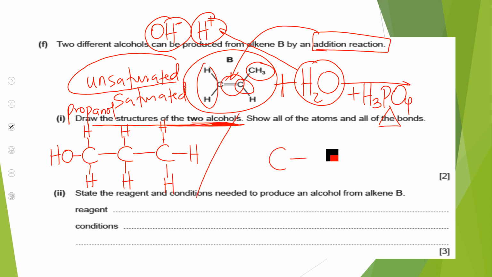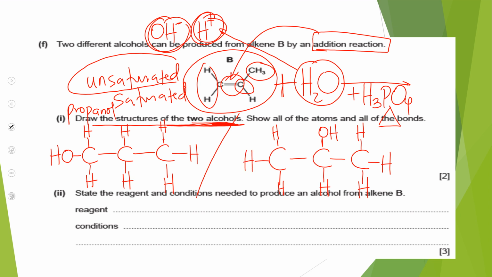Let's redraw. Still 3 carbon atoms, double bond also broken, but this time let's still fill our hydrogen atoms from the right. Bring in the H and the H and the H also. Now we're bringing in water from here, the OH and the H. This time let's bring the OH to the middle, and put the H on this side.